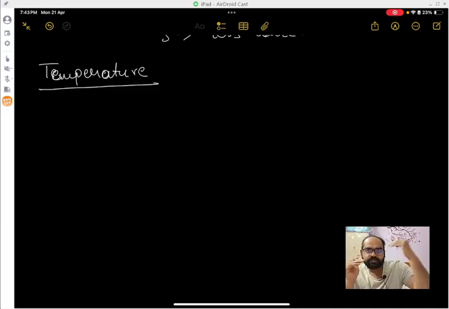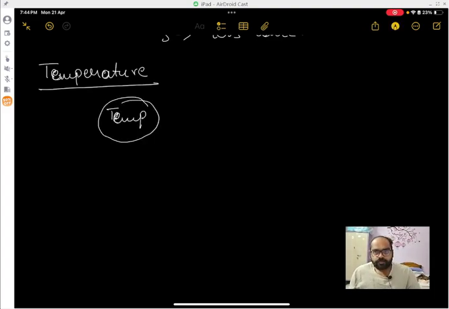It heats up differently. The rate of heating will be higher in equatorial and tropical regions, and lower in polar regions. As we move from equator to pole, the rate of heating decreases, and the rate of heating is measured in temperature.